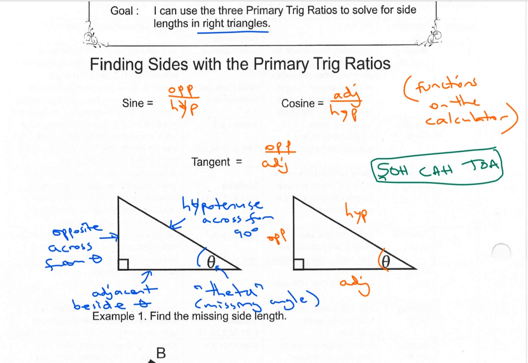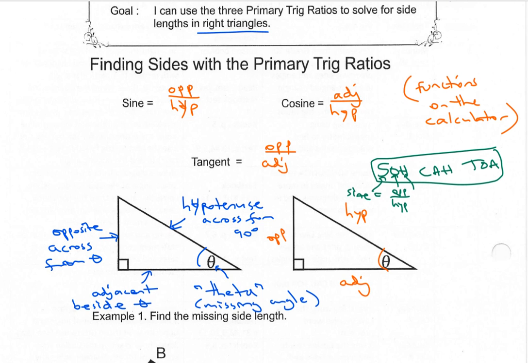So for the first one, it tells us that sine equals opposite divided by hypotenuse. Cosine equals adjacent divided by hypotenuse. Tan equals opposite divided by adjacent. So if you can remember SOH CAH TOA and write it down on your paper every time, then you'll remember the ratios.